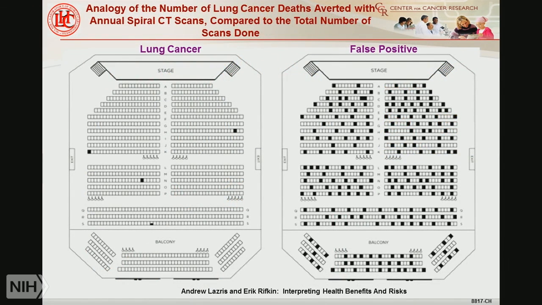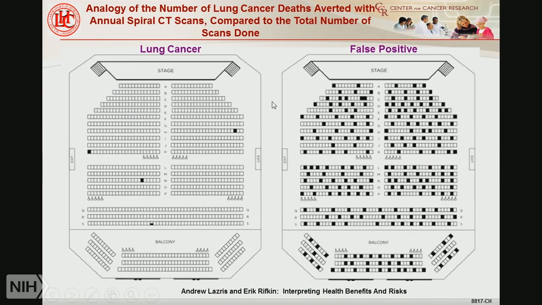Another way of looking at this is, so these are 1,000 seats in an auditorium. And this is the total number of lung cancers that are averted by spiral CT scans or diagnosed.